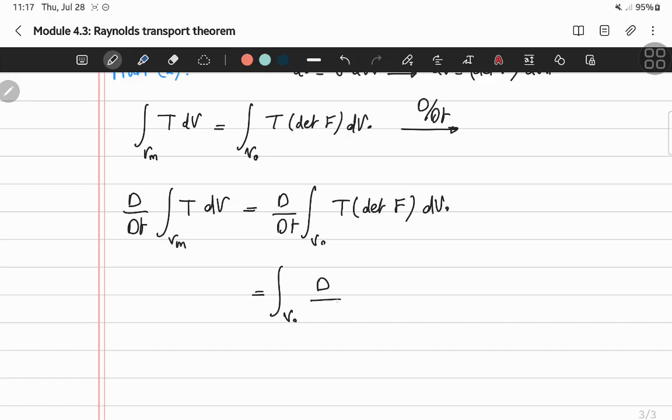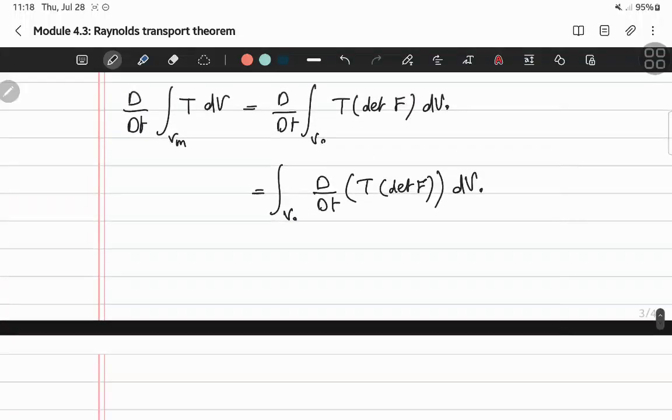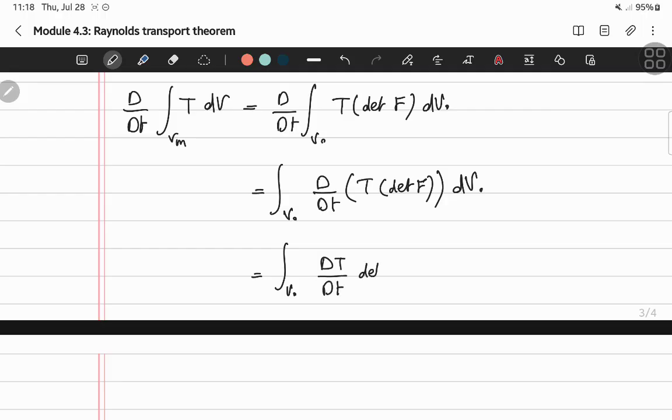So if I expand this, it becomes the integral over V0 of the material derivative of T times the determinant of F, plus T times the material derivative of the determinant of F, dV0.